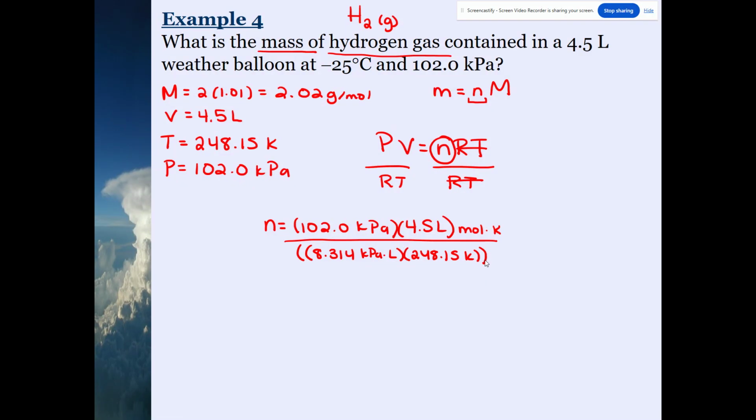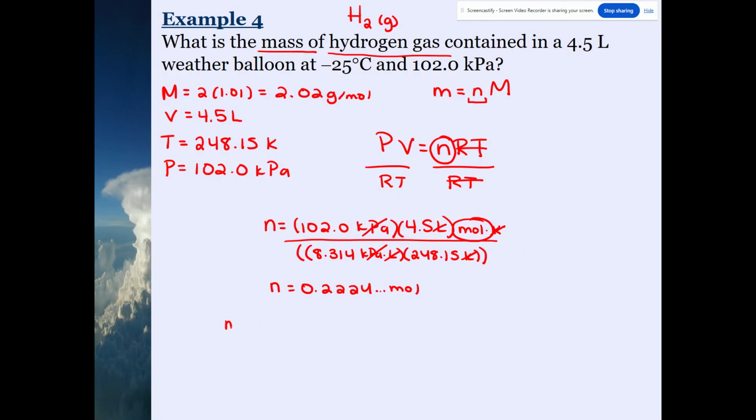Okay, so if you use brackets, use them exactly like I did up there. 102 times 4.5 divided by, in brackets, 8.314 times 248.15. We get an answer of n equals 0.2224, so on moles. Let's check our units: our kilopascals cancel, our liters cancel, our kelvins cancel. We are in fact left with moles on top.